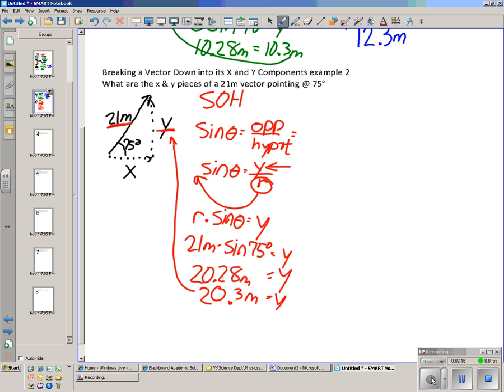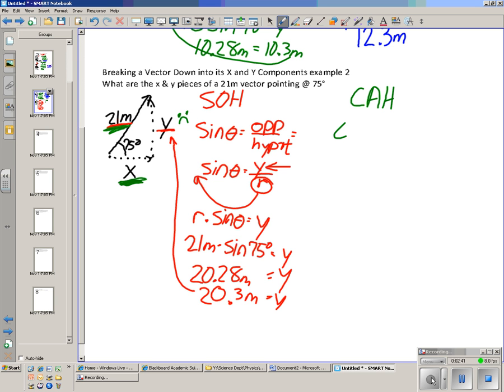Now for my x value, this is the adjacent, and I'm still going to use my hypotenuse. I don't want to use my opposite because what if I messed up? So I'm going to try not to use something I just solved for. So if I'm going to use adjacent and hypotenuse, then that means that's the CA section of SOHCAHTOA.